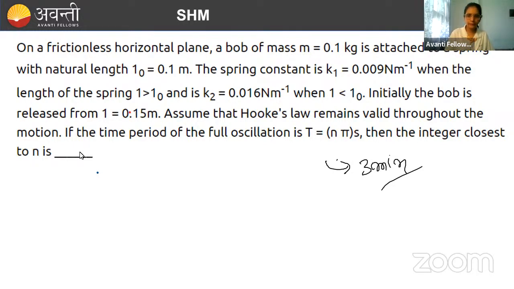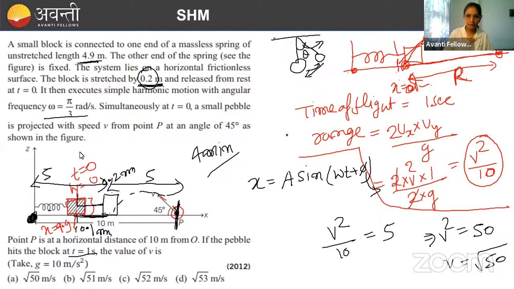The value of v, it came, no need to write it. What value of range did we get? The range value came as v²/10. But the range is not known. To find the range, we must know it in some digit, and that value is 5 that we have got from the equation of SHM only. Okay, because how will you decide how much distance this block has traveled in 1 second?